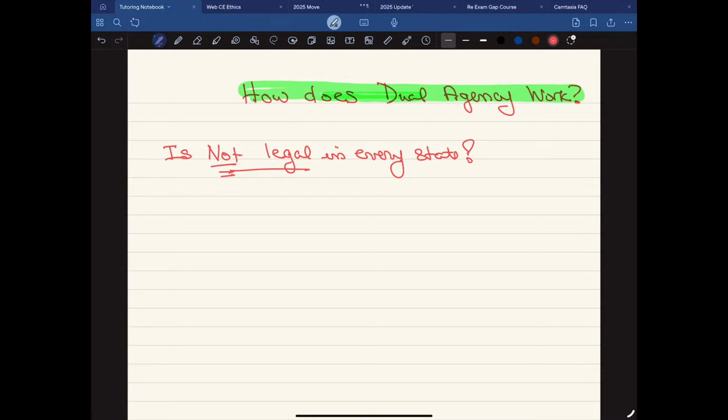In the states where it is legal, the buyer and the seller lose sole representation.